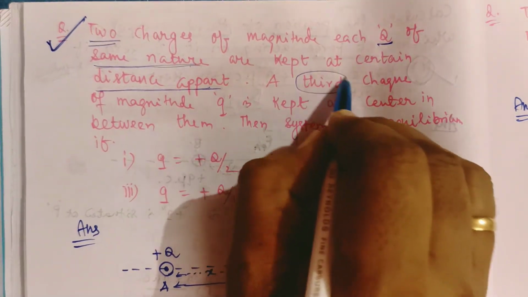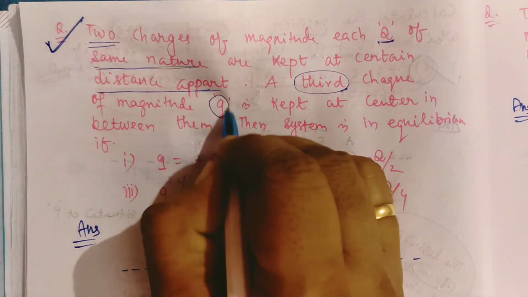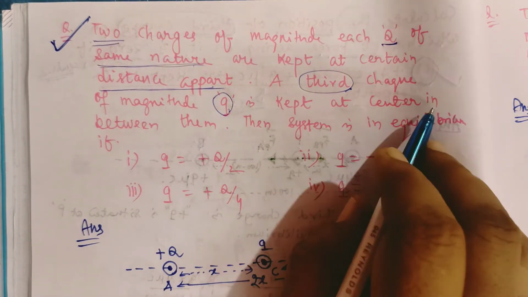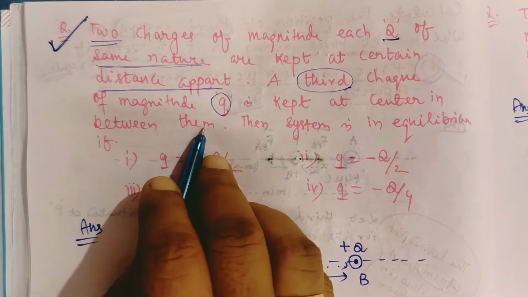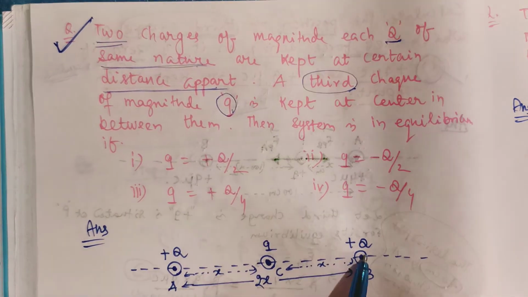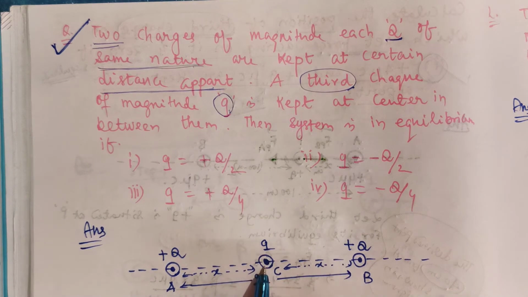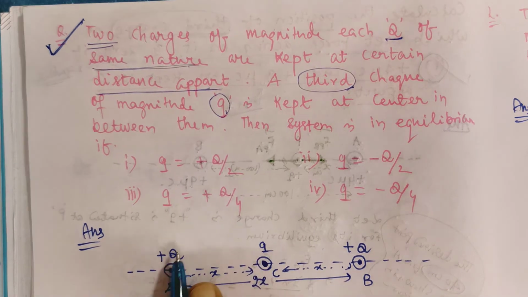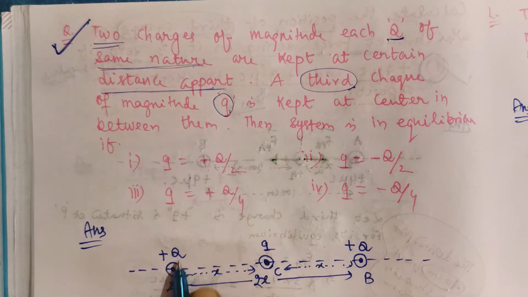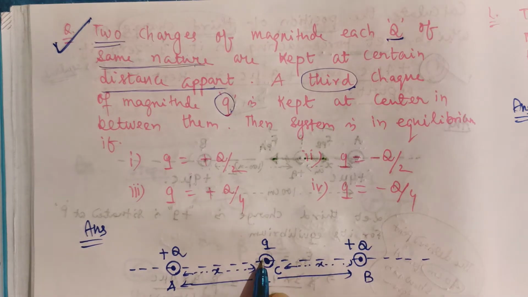A third charge of magnitude q, nature is not given, is kept at the center in between them. Capital Q is kept here, the third charge small q is kept here. That means the net force on small q must be 0 because they are of the same nature, and it is exactly the middle point because they have the same magnitude. So the net force on small q is 0.